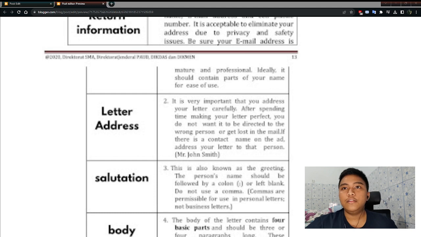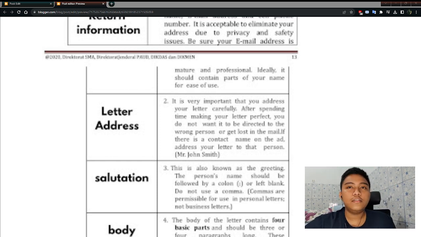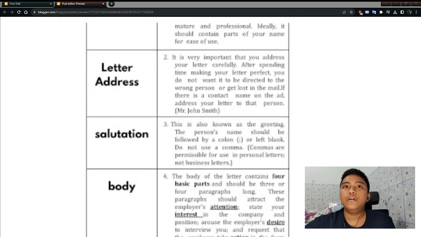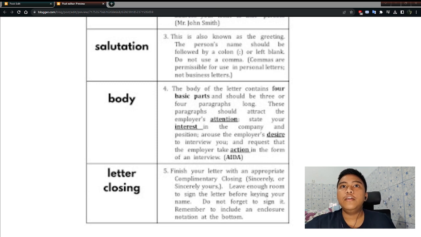The second one: it is very important that you address your letter carefully. Obviously, it's the letter address for number 2, and greeting the person by name, so this is the salutation part of the letter. And finally, the body of the letter.